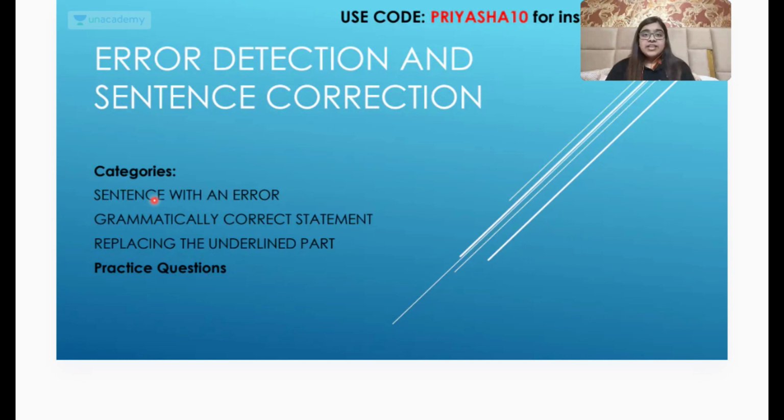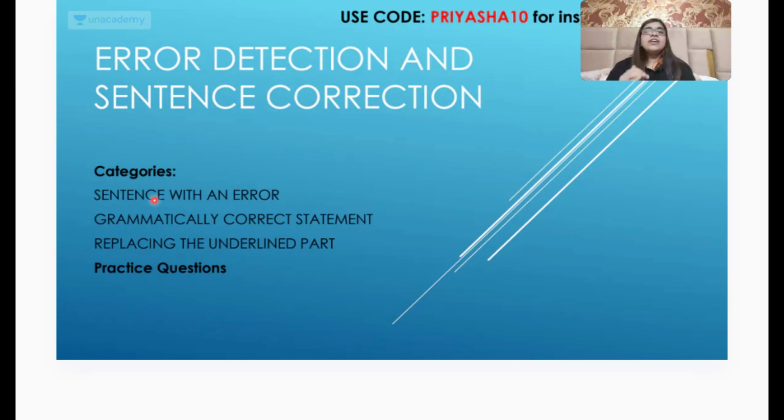Next is replacing the underlined part. When I come to replacing the underlined part, it's not always about an error. It's not necessary that the sentence already given to you has an error in it. Replacing means rephrasing. To be honest, when it comes to any MBA examination or the placements of your colleges, people generally focus a lot on English communication and rephrasing skills.